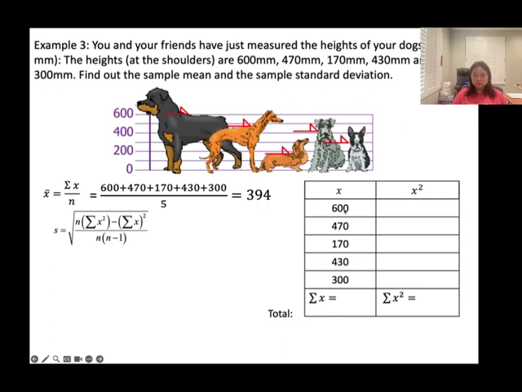And then I need you guys to add it all up here. That will be the summation of x. It will be equivalent to this here. And then x squared, you just take the square for each one and then add it all up. So the summation of x squared will be equal to this here. Okay, try.